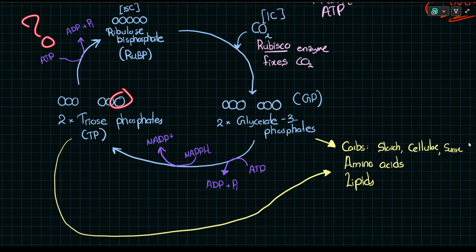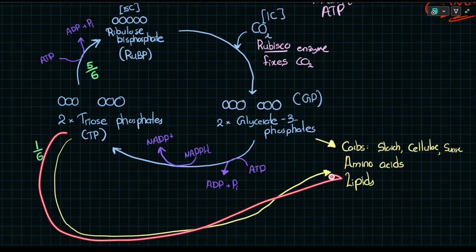Thing is, when this pathway occurs, 5 out of 6 parts of the triose phosphate molecule is converted into ribulose bisphosphate. And 1/6 of the molecule is utilized for the production of organic substances.